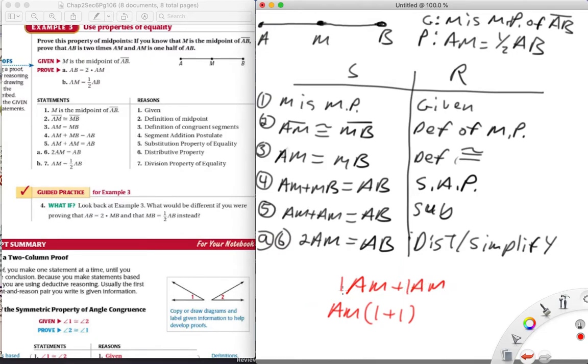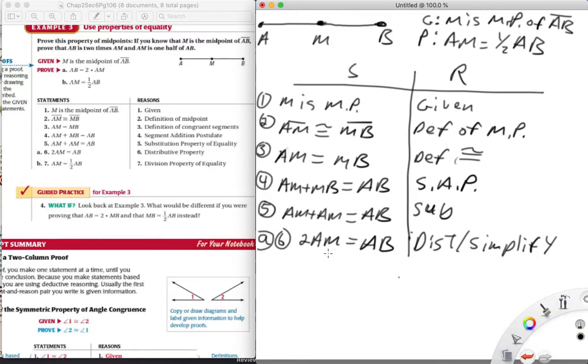So I can factor out the AM, put the 1 plus 1 in parentheses, then that turns into AM times 2, and then I can just put the 2 in front, which is 2AM. So that's where that comes from, using the distributive property. Or you could just add the 2 AMs using combining like terms, and that gives you 2AM. I will take either one.